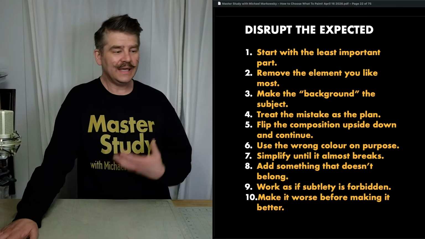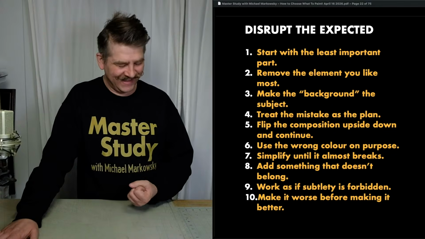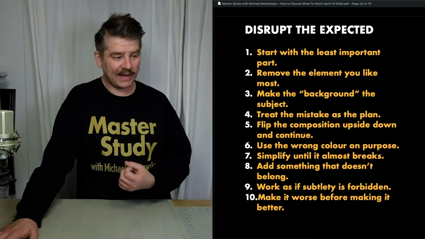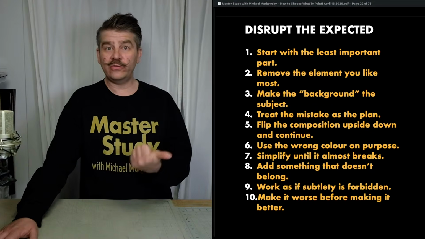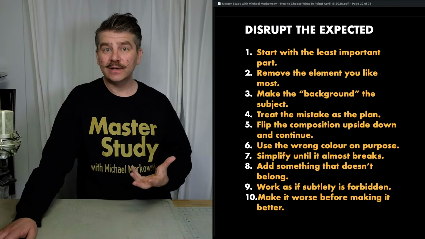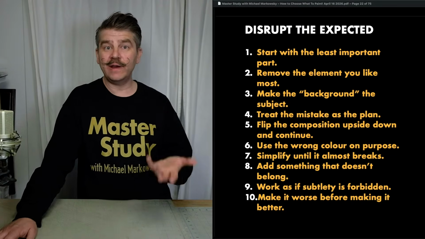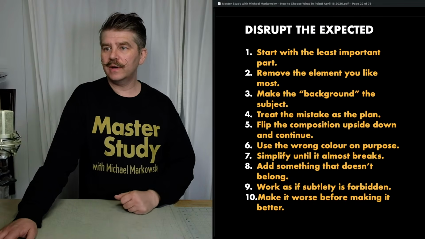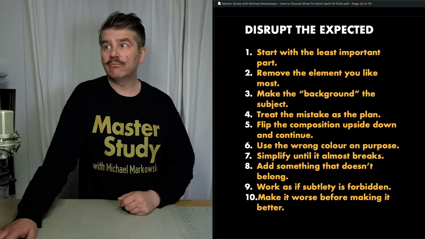So the first one here is disrupting the expected. We could start with the least important part of the idea. If I go back to the idea of my favorite dog, what would be the least important part of my favorite dog?